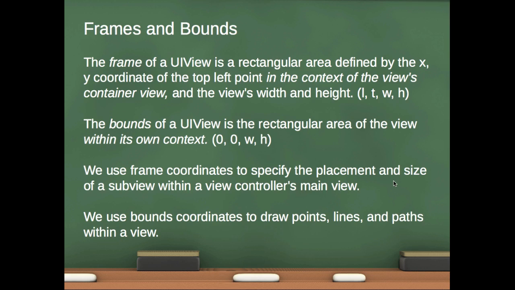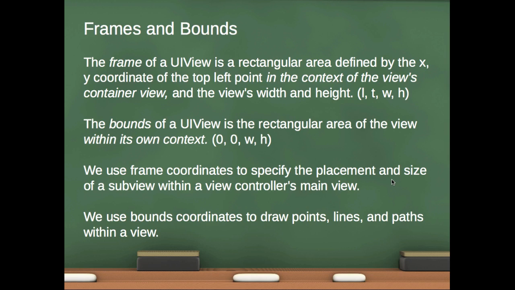So let's talk about frames and bounds. The frame of a view, or a control, or anything that we place as a subview of a view, is a rectangular area defined by the XY coordinate of the top left point in the context of the view's container view, and then the view's width and height. So we have left, top, width, and height.